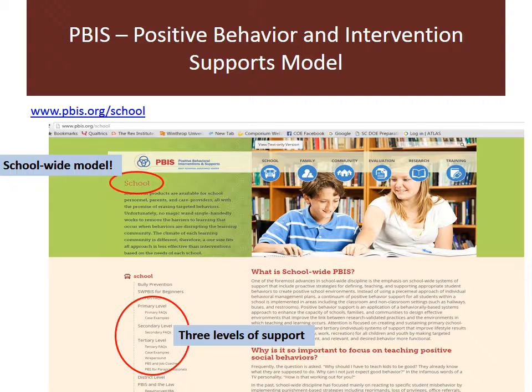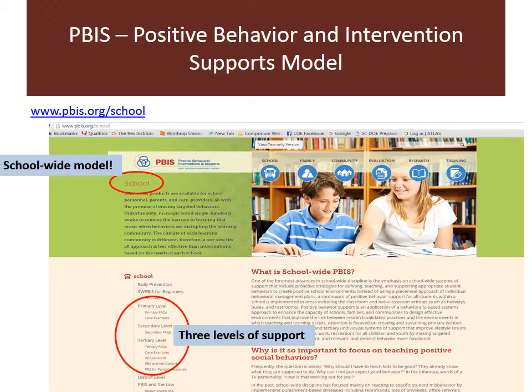They can be used for bullying prevention as well as in-class behavior control and modification. Positive Behavior Supports is a behaviorally based system, and it's used to enhance the capacity of schools, families, and communities to design effective environments that improve the link between research-validated practices and the environment where teaching and learning occurs.